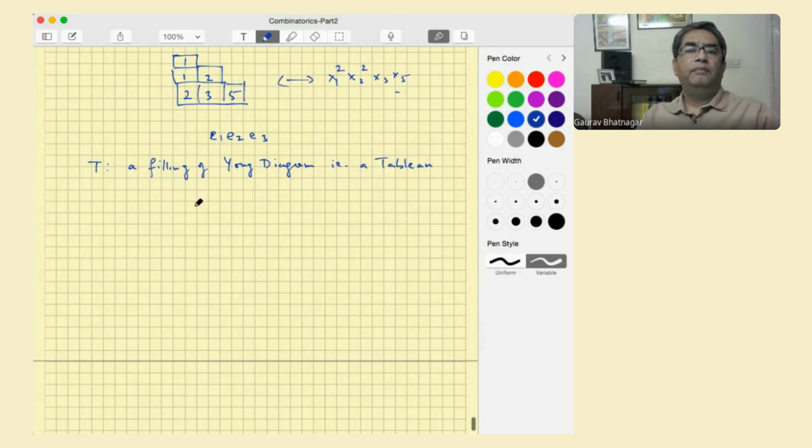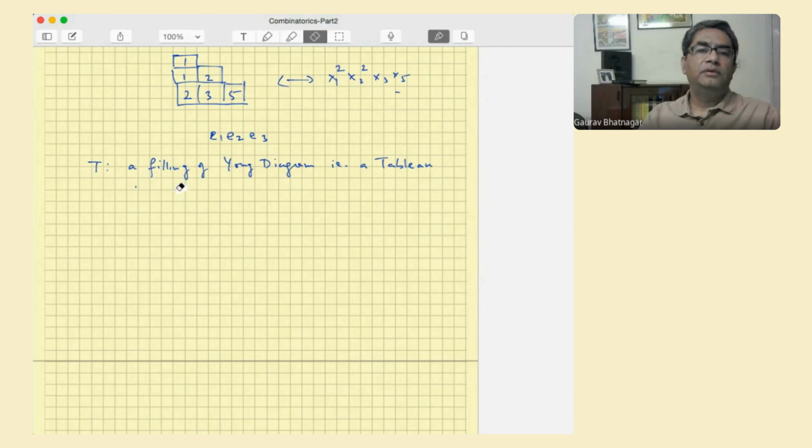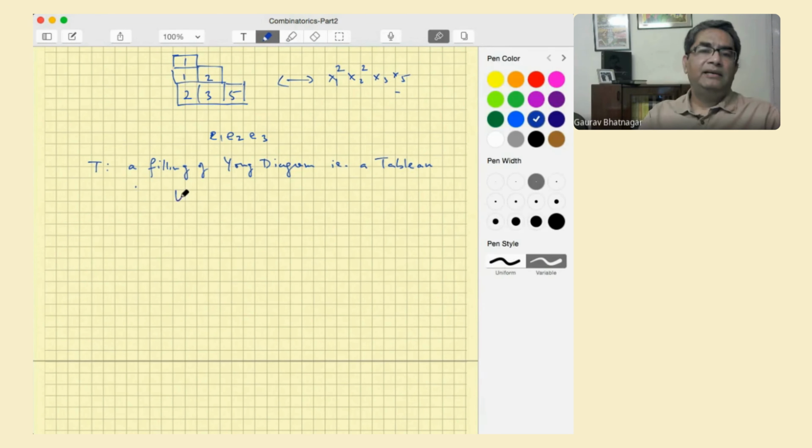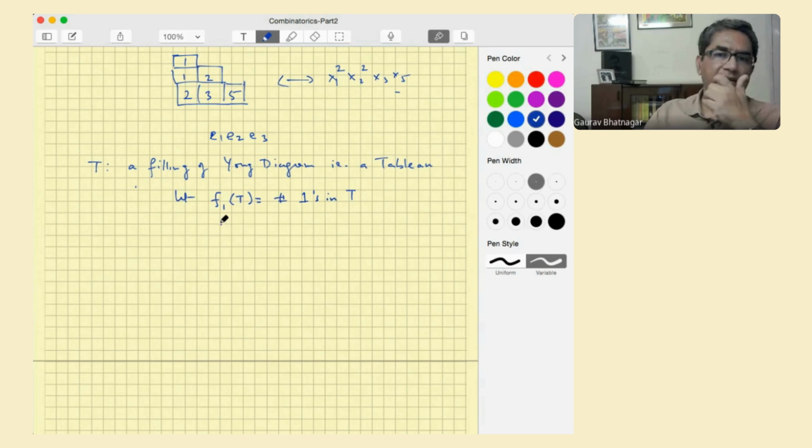Let f1 of T be the number of ones filled in, so the frequency of ones, f2 of T the number of twos in T, and so on.